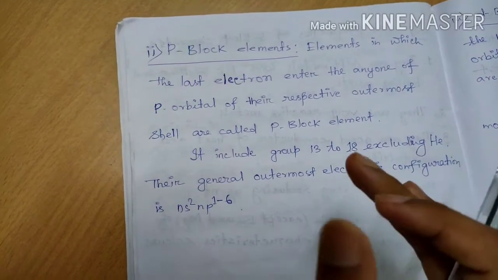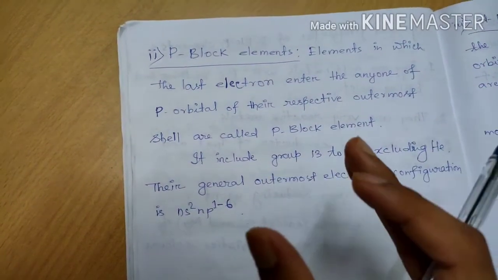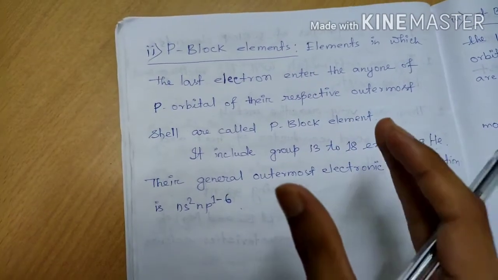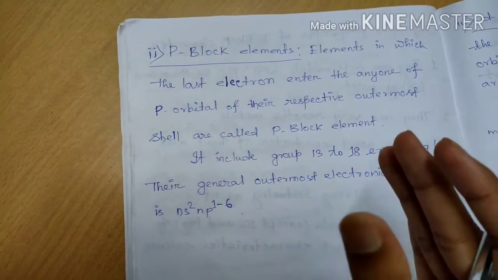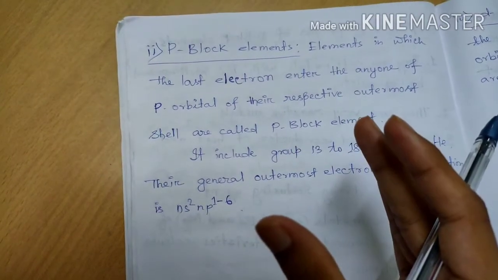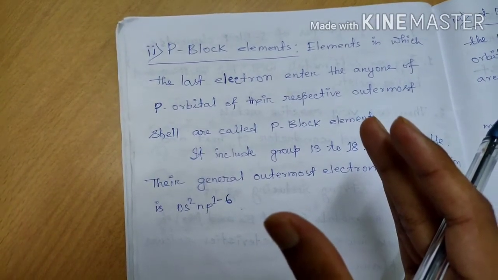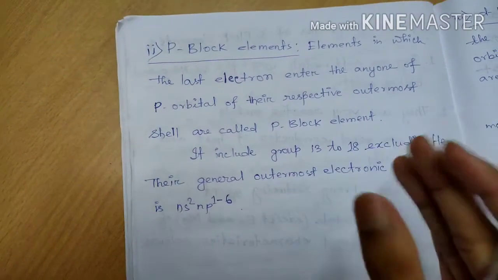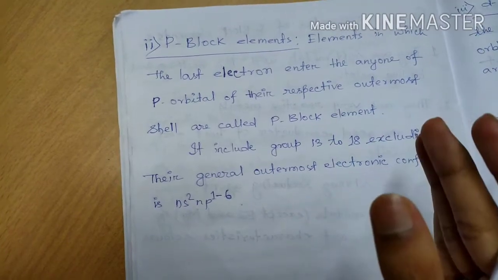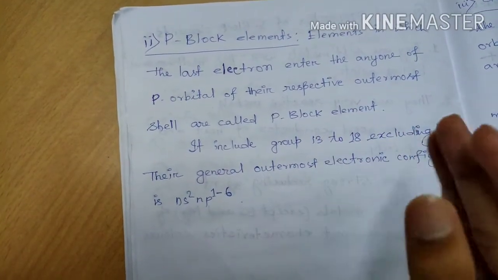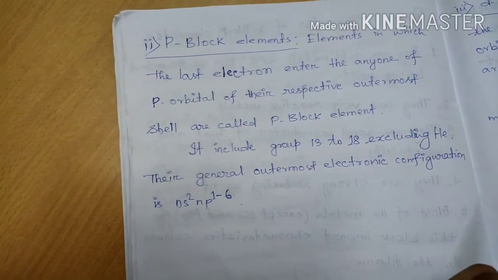So if the last electron of any element enters any one of the p orbitals, that is, there are 3 p orbitals, so if the valence electron of any element enters any one of those p orbitals, then that element is called P block element.